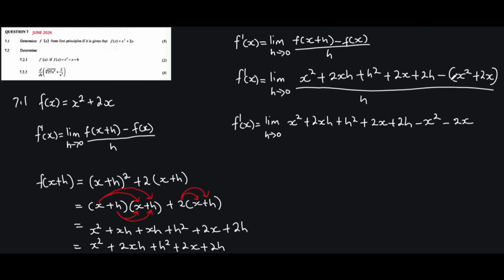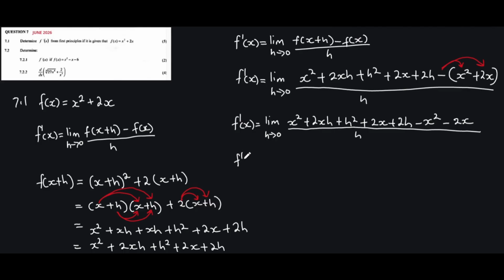So this is the reason why I say you should put brackets, because one might just put the original function as minus x squared plus 2x, and this is not how it should be, guys. So don't make that mistake. Always put the brackets there. So let me just indicate with red arrows that this negative will multiply with that and this negative will multiply with that. So let's continue. And then all this is divided by h, right?